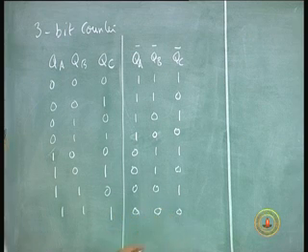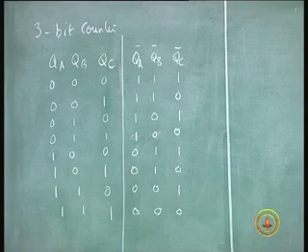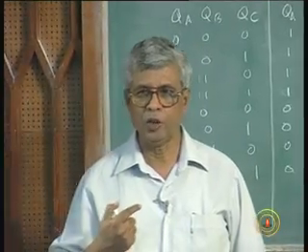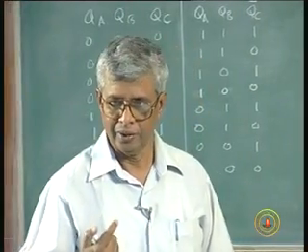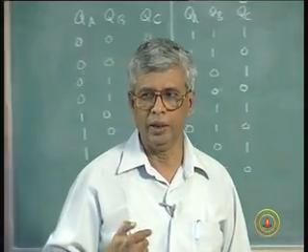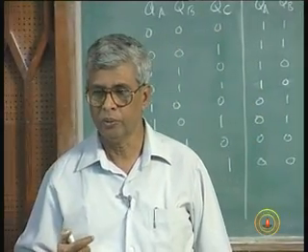So all you have to do is use the same counter, whatever counter we had for up counting, but take the flip-flop states from the Q bar. So if you look at Q bar instead of Q of the flip-flops, you get a down counter.